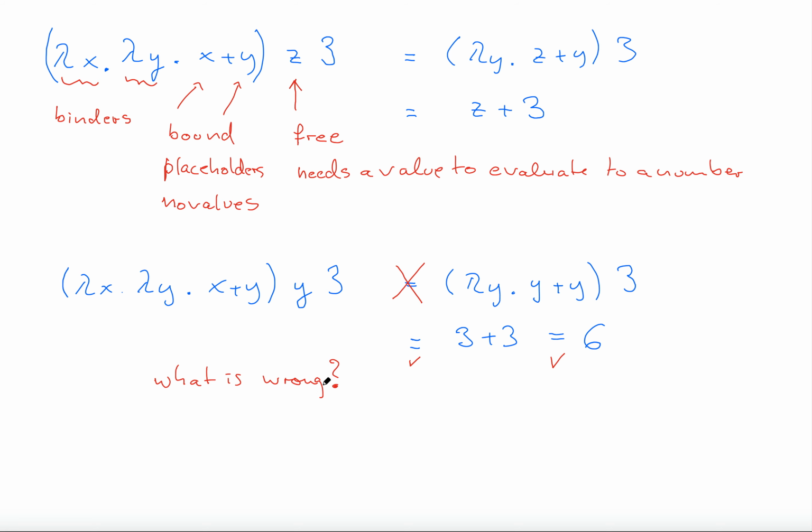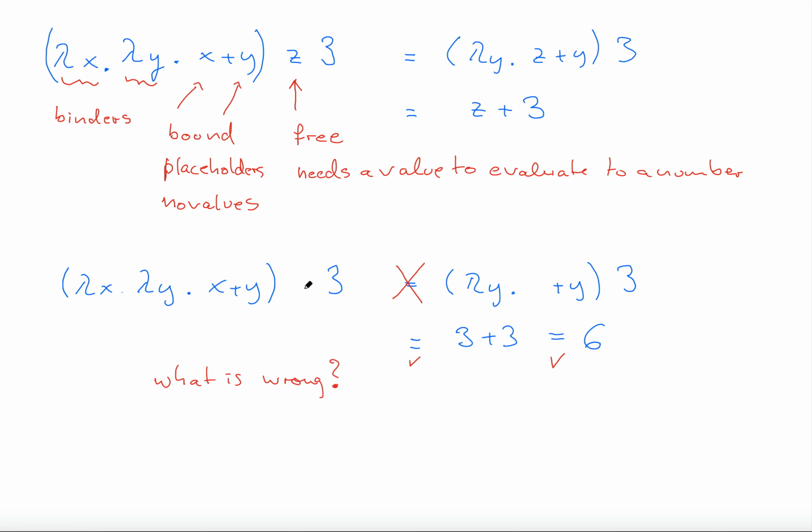And if you use our terminology about free and bound variables, you see what is wrong. So let me use a different color. Let me give a different color to the free variable.